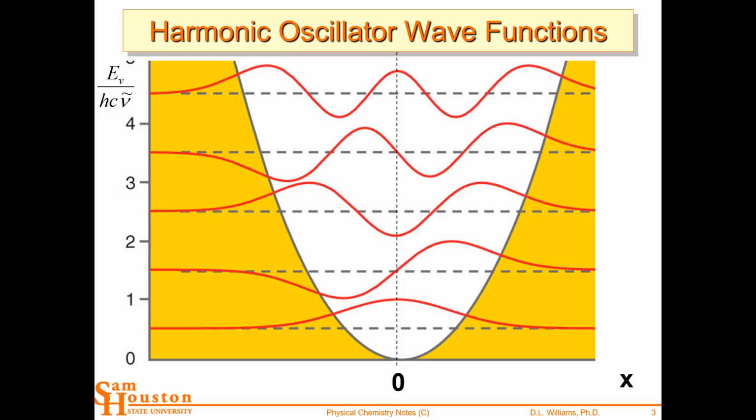And here we have our harmonic oscillator potential, and we have the first 5 wave functions for vibration. So these wave functions look similar to our particle in a box, but they're not the same. In the particle in a box, we had sines and cosines. This is a Gaussian function down at the bottom. So once again, we see this normal distribution, only it's not a line shape, it's actually the vibrational wave function for harmonic oscillation.